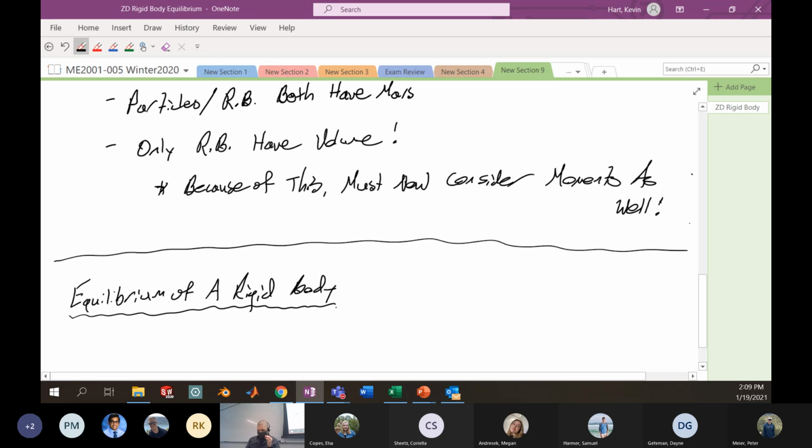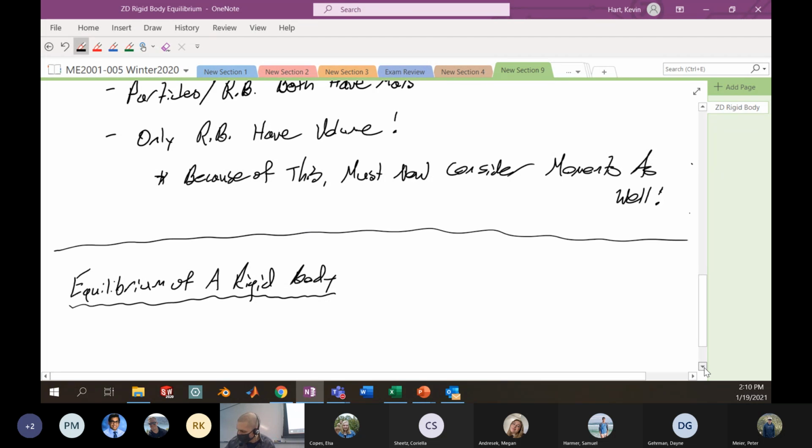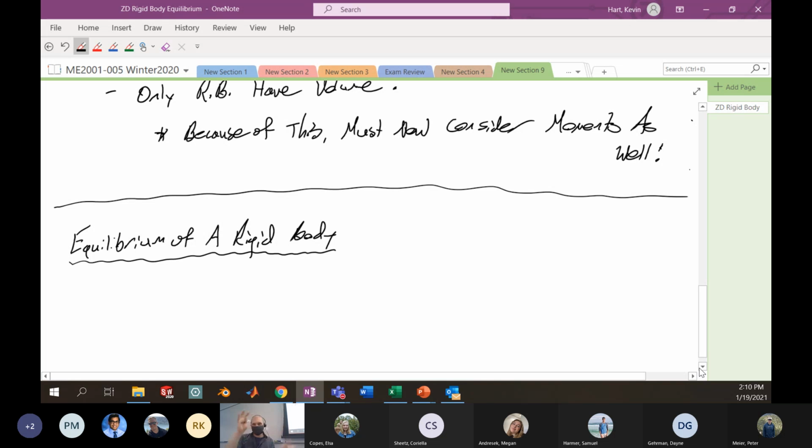Okay, so for a rigid body to be in equilibrium, we're still going to have the same general idea that the sum of the forces on that rigid body is still going to have to be 0. But now we have an addition that the sum of the moments will also have to be 0. If this thing is not translating or rotating, it's fully static, and everything is going to have to balance out.